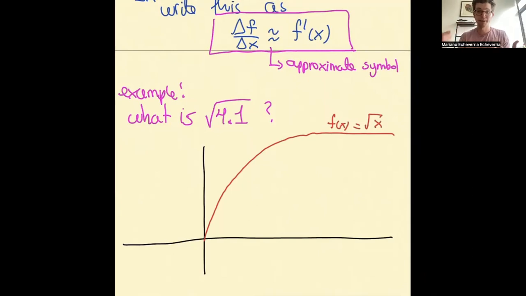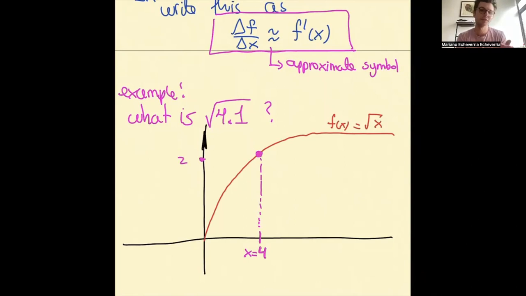So if we take x to be 4, then as you were saying, the value for the square root of 4 is 2. So you have 2 here on the graph.